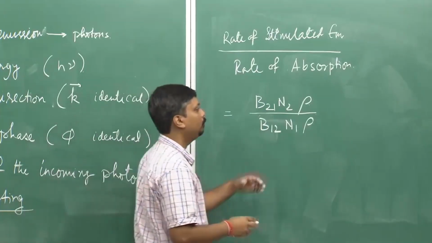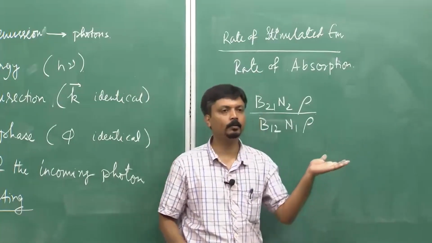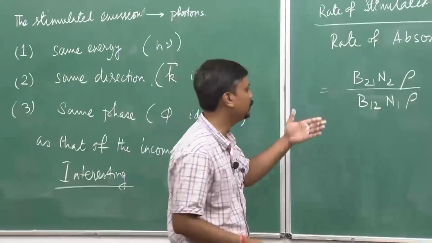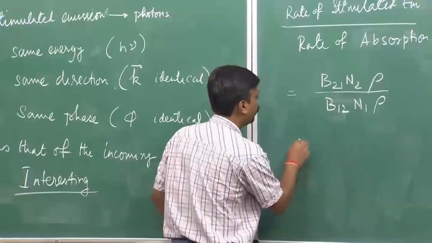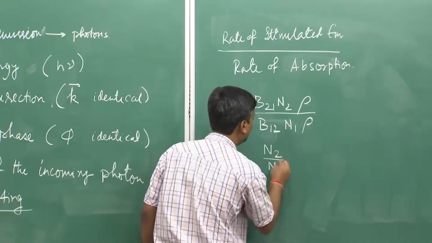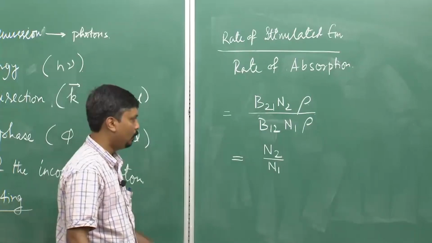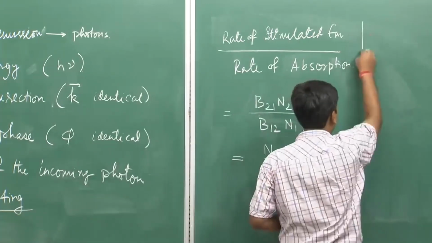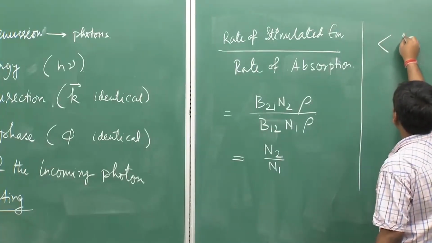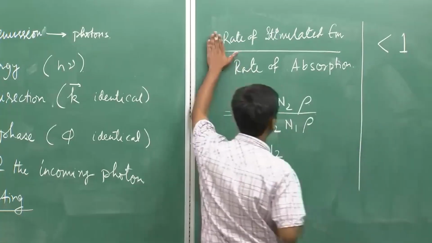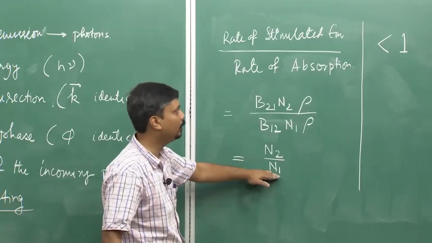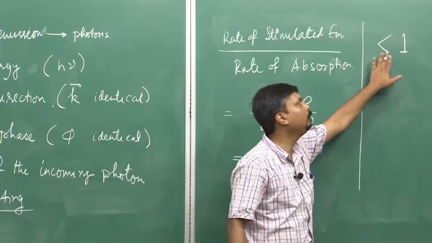So, from that expression 3 we have seen from Einstein's formulation that the absorption and stimulated emission coefficients are equal. Therefore, it becomes essentially N2 by N1. Now, when this ratio, the rate of stimulated emission by rate of absorption, which is ultimately N2 by N1, is less than 1, then what do I have?